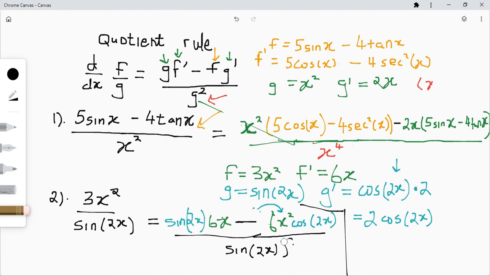You can also write it as sine squared 2x. They both mean the same thing. And that is our answer.